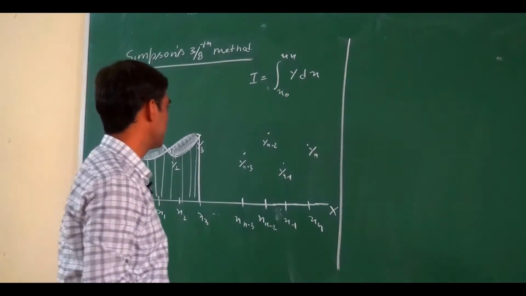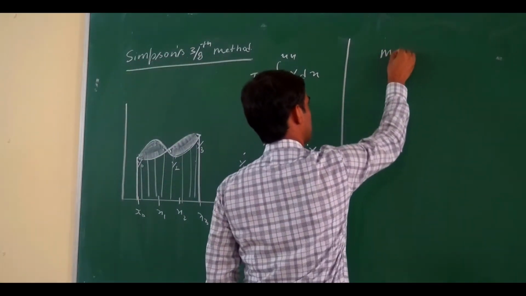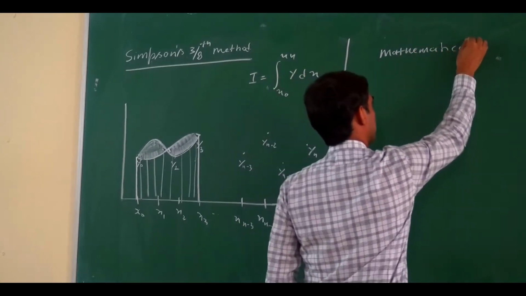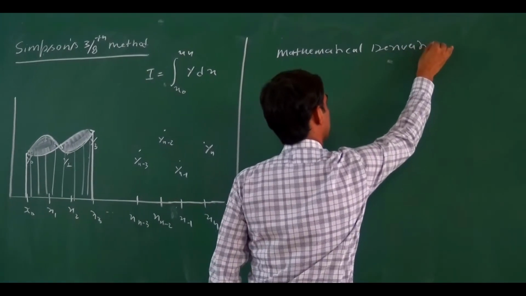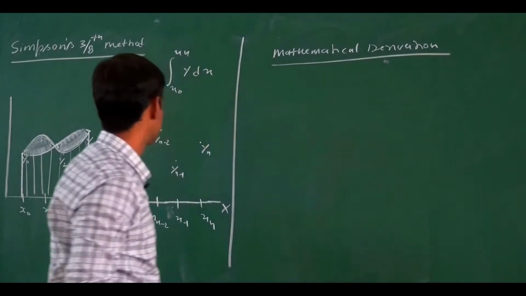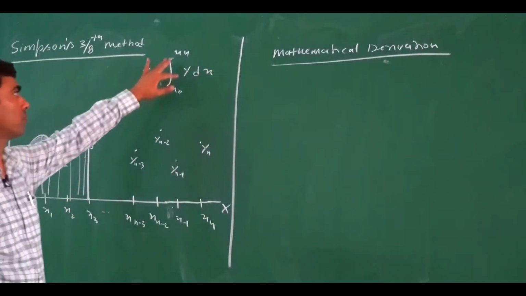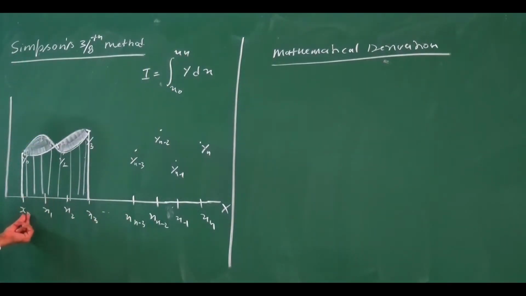So what is the mathematical derivation here? As we discussed earlier, first we divide x0 to xn into groups of 4 points.